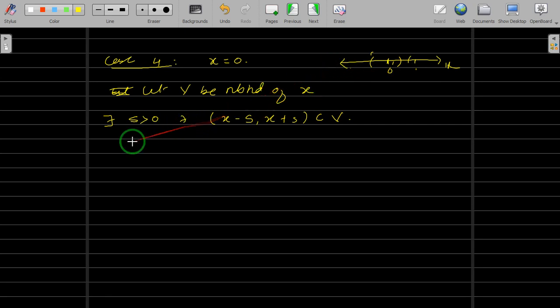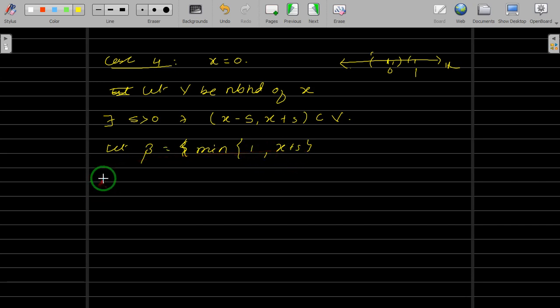Let us take beta to be the minimum of 1 and x plus s, since x plus s can go beyond 1. Of course this will be less than 1 and less than x plus s.